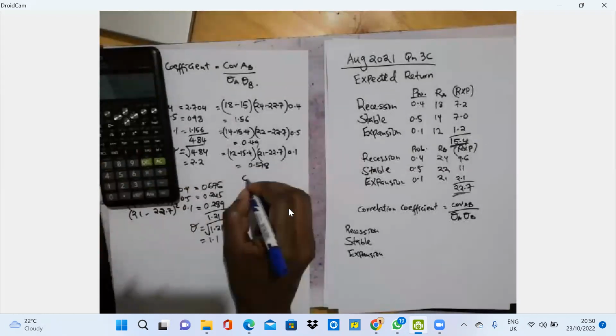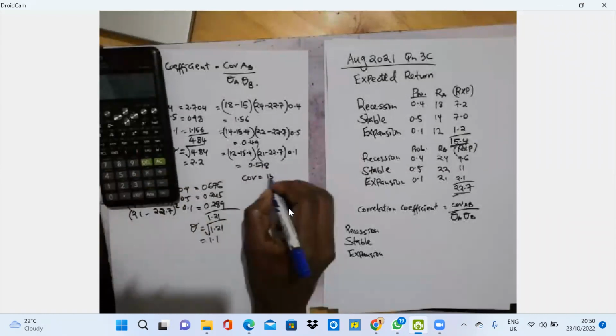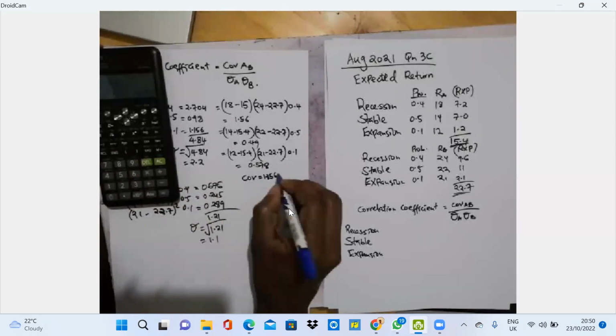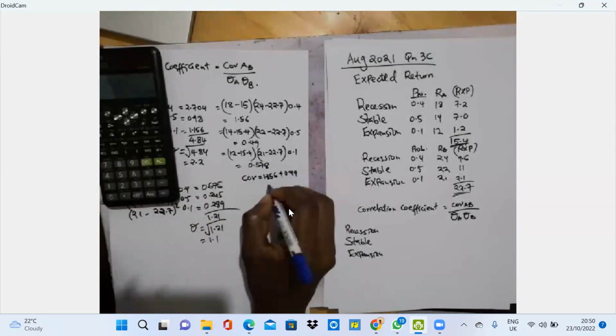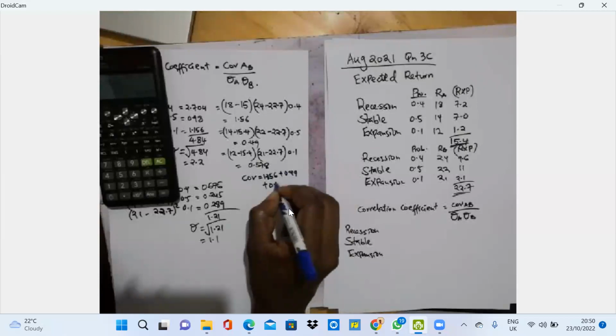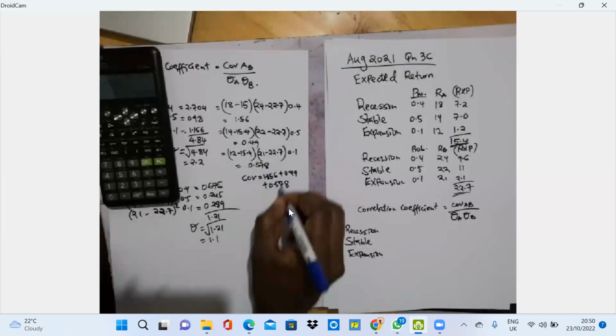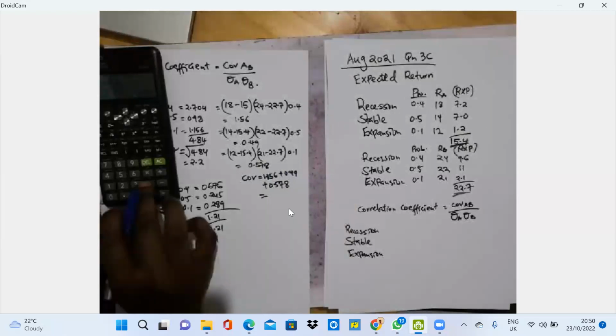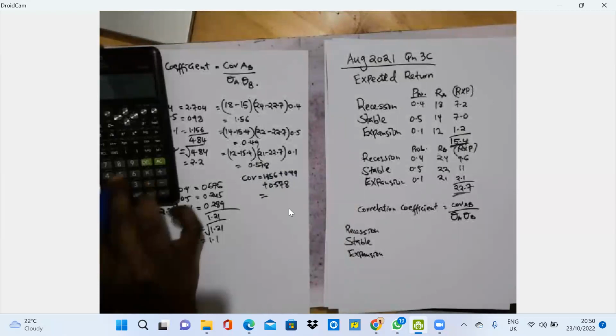So our covariance is equal to 1.56 plus 0.49 plus 0.578.